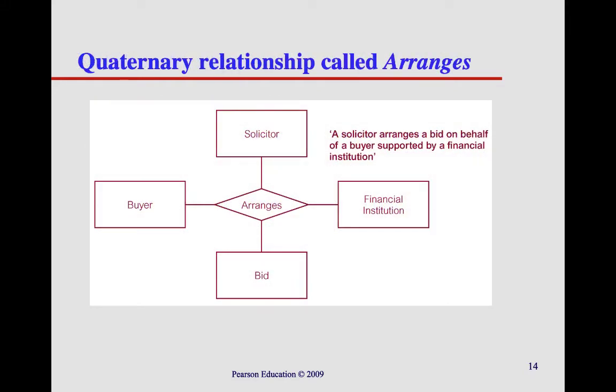Yes? Are there generally limits on how many things should be in a relationship? No. Okay. So that's what makes relational databases sometimes a bit hard to manage, is that sometimes the relationships get a bit unwieldy.